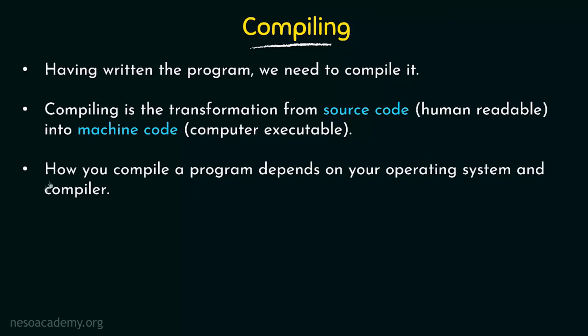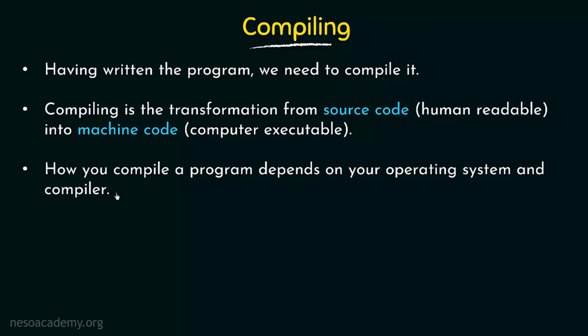Now how you compile a program depends on your operating system and the compiler. In this course we are using Windows, and the MinGW compiler, which we have seen in the previous lecture.